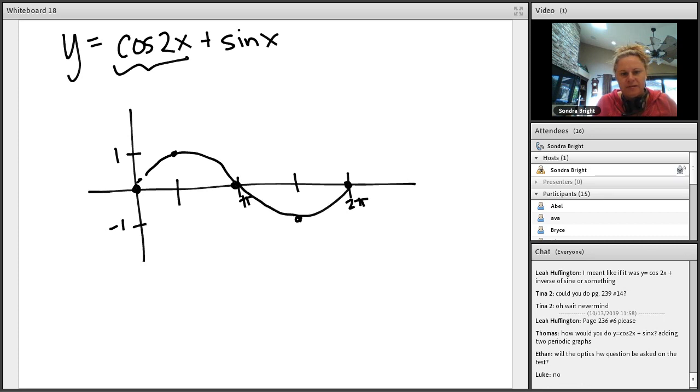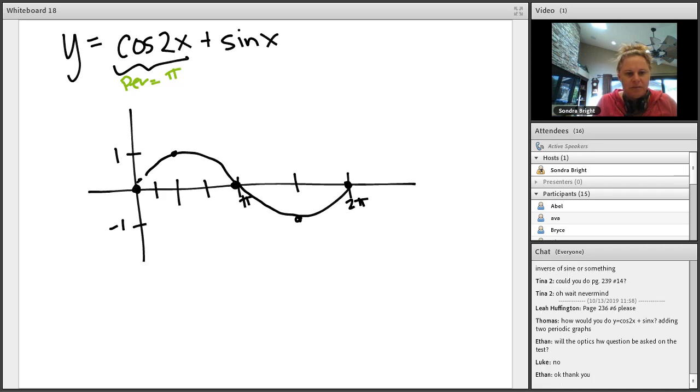Something like that. And then the cosine graph, the period for cosine of 2x is pi, so that means I need these guys.